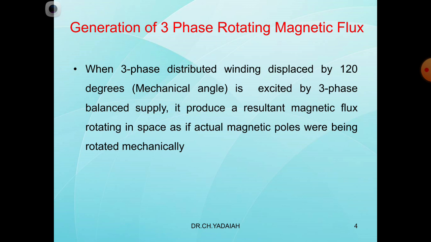Then DC supply is excited to the rotor, and the rotor field and the stator field are magnetically coupled. Once magnetically coupled, there is no need for the external motor's mechanical input, so you can remove it. Even then the motor continues to run as a motor, with the stator and the rotor magnetically coupled.